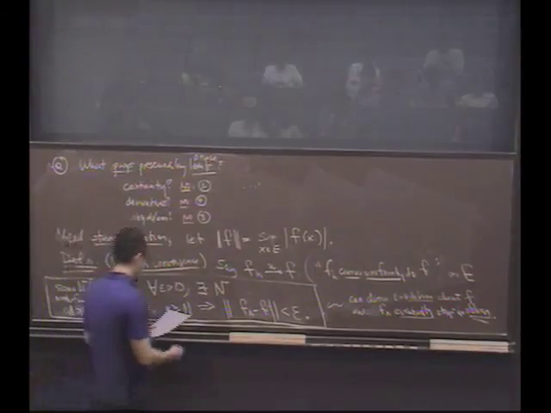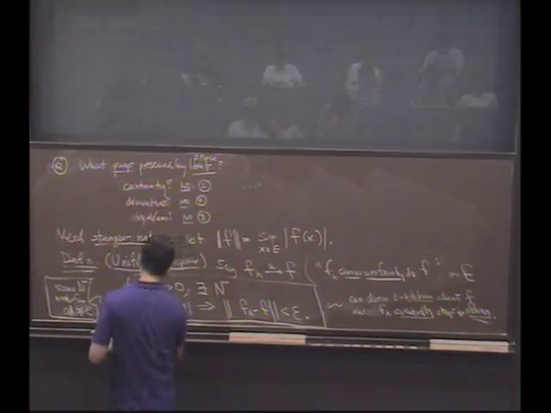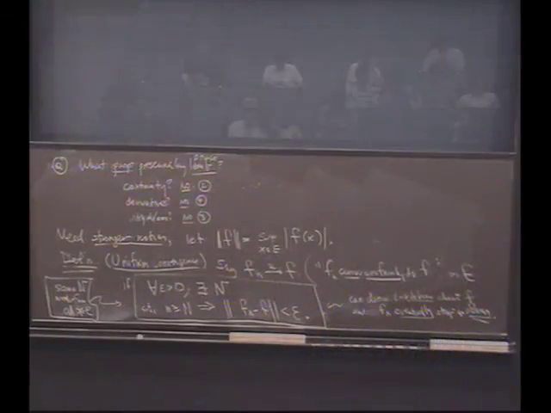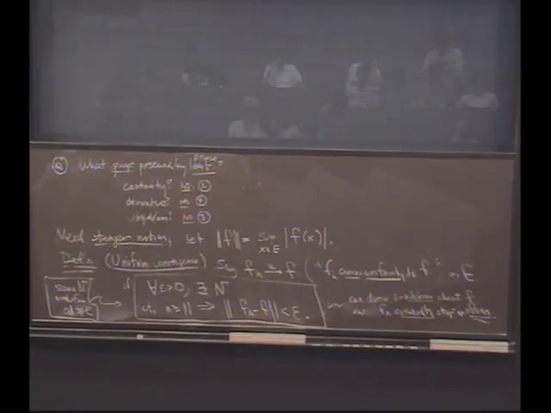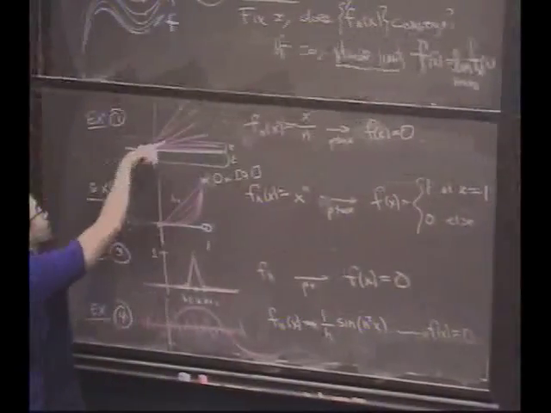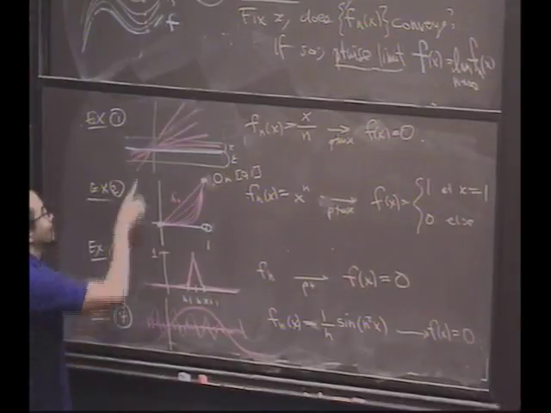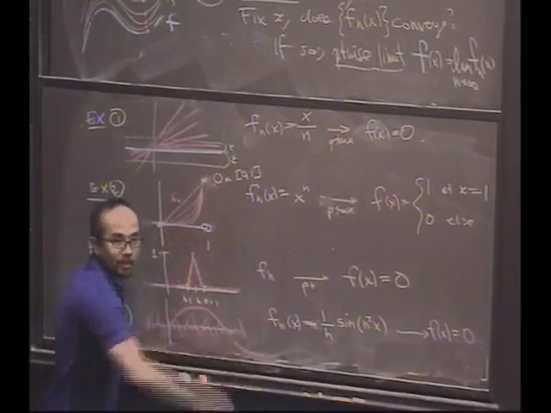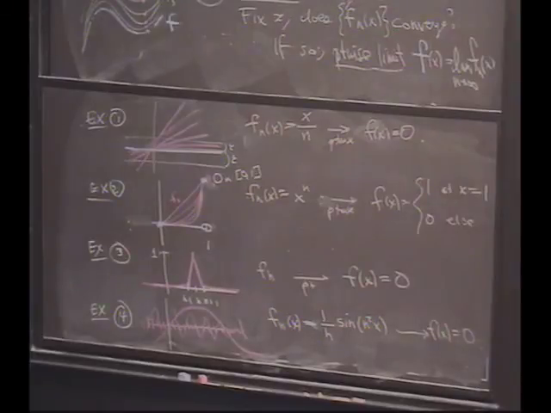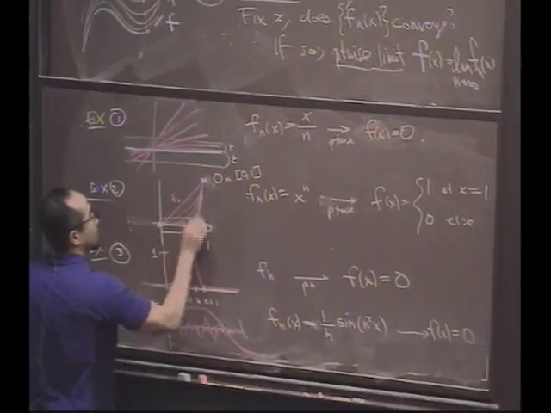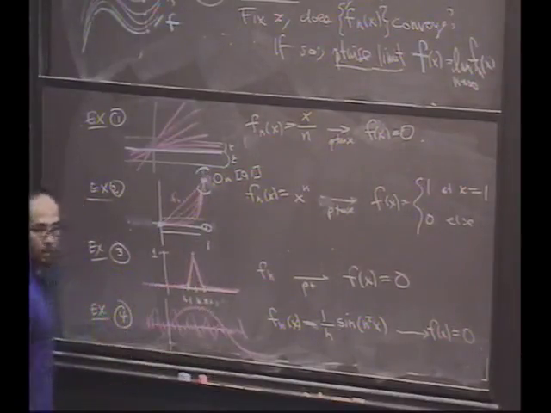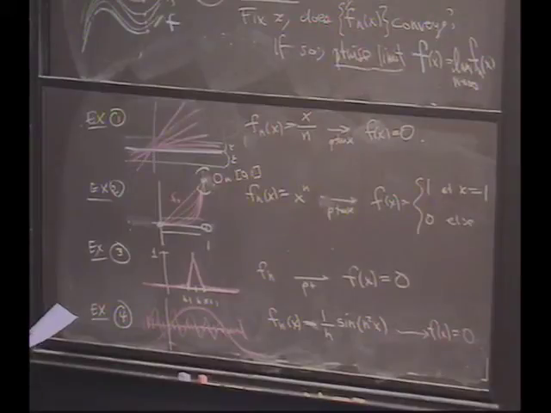Okay. Just to look at our examples here, let's draw a little ribbon and see what happens. Would you say that this sequence converges uniformly to the limit? No, these functions are not all living in the ribbon eventually. In fact, every single function eventually leaves this ribbon. Epsilon ribbon. Does this sequence converge uniformly?